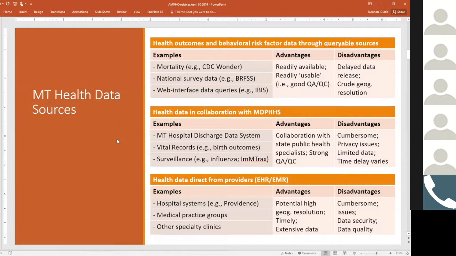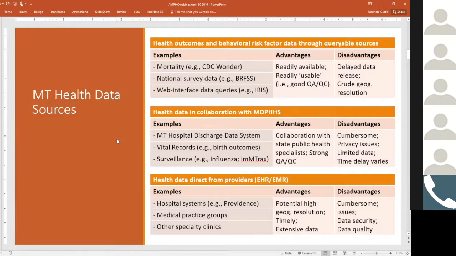The advantages of working with these data systems are that you get to work with some of the folks at the state that are really familiar with these data systems and know the ins and outs and the strengths and weaknesses of these data sets. And similarly to the above group of data systems, they go through a pretty rigorous quality assurance and quality control process.